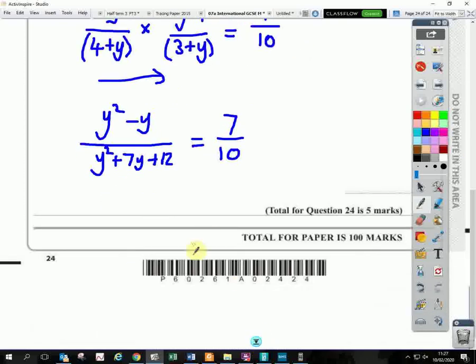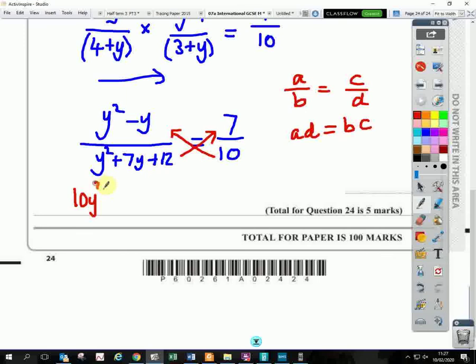So what I'm going to do now is use the method where if you have a over b equals c over d, then it's true to say that a times d equals b times c. So I'm going to do some diagonal multiplying here. Multiply the top here by 10 and multiply the top here by 7. Let's do that.